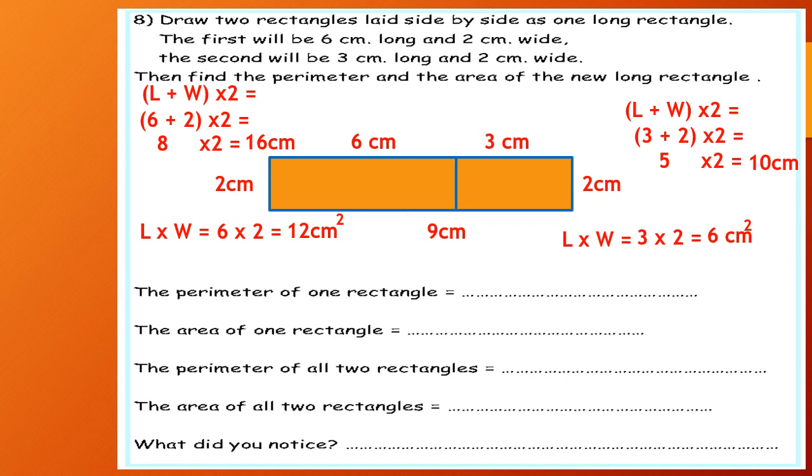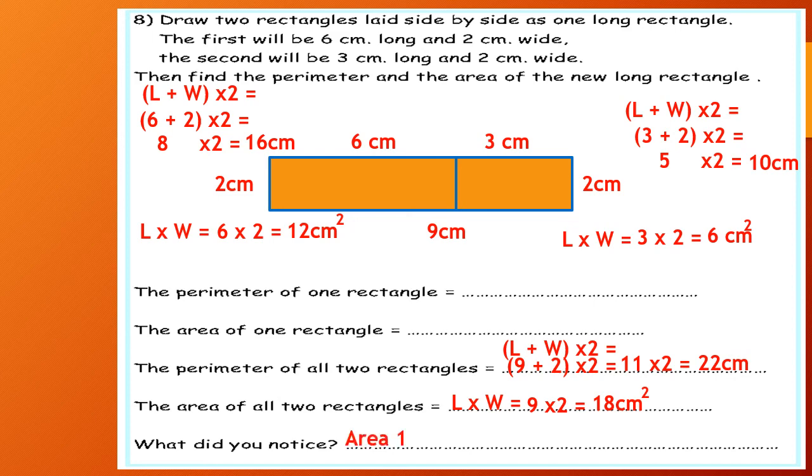So the big rectangle is 9 centimeters long and 2 centimeters width. The perimeter of the big rectangle is 9 plus 2, times 2, 11 by 2 equals 22 meters. And the area of the long rectangle, 9 by 2 equals 18 meters squared.